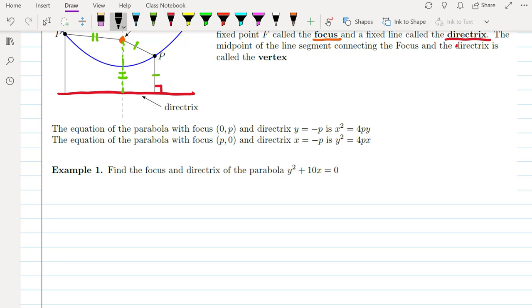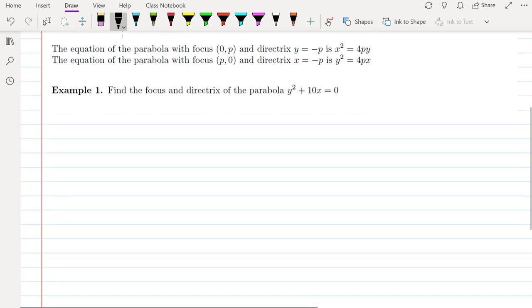So the parabolas of the form x squared equals 4py are the type of parabolas that open up and down, like our traditional functions. And then we have parabolas that open right and left, and those are of the form y squared equals 4px. So whether our directrix is horizontal or vertical is what determines whether a parabola opens up or down, or right or left.